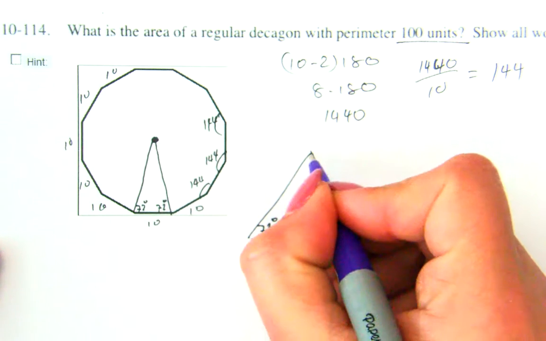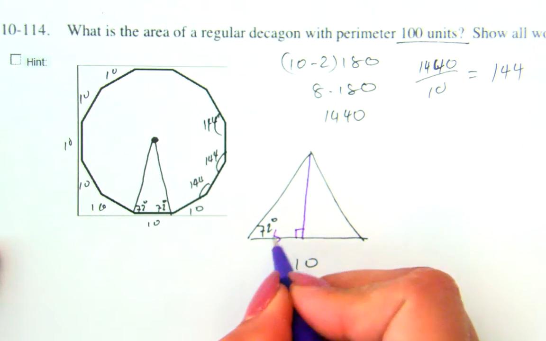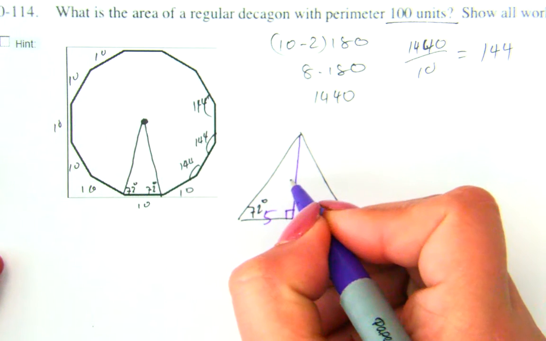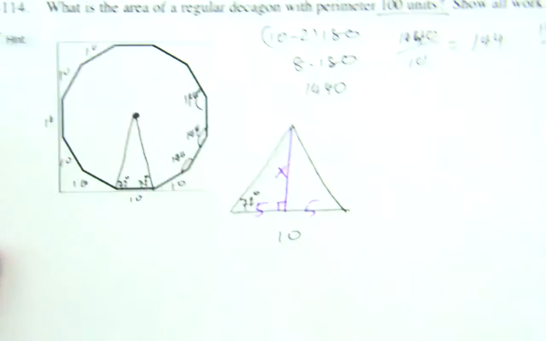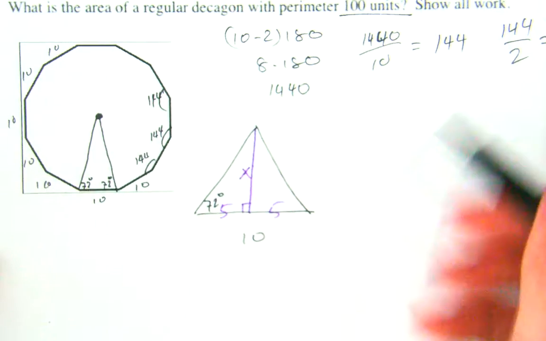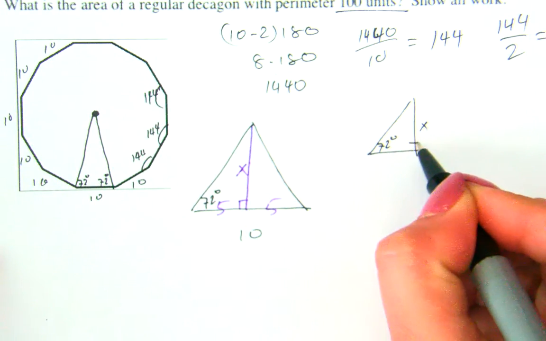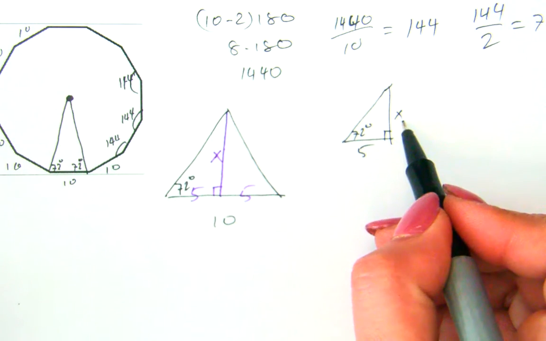But you do know if you drop an altitude, or in this case the height of this triangle, this is going to cut it in 5 and 5. So now you need to use trig and find the height. Let's say the height is x. So you have a right triangle, 72 degrees, you have x, you have 5. Find the value of x.